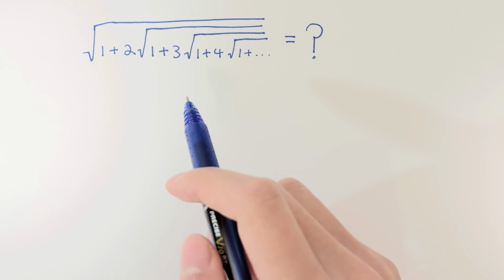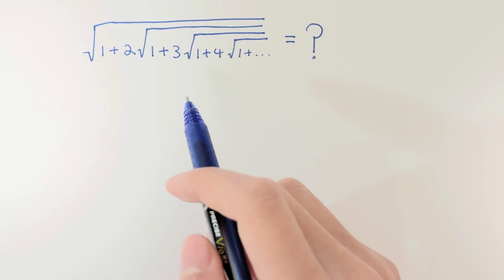So we know that x plus 1 is equal to the square root of (x plus 1) squared. If we expand the term inside the root, we will get x plus 1 is equal to the square root of x squared plus 2x plus 1.